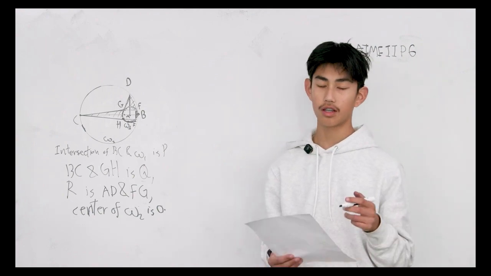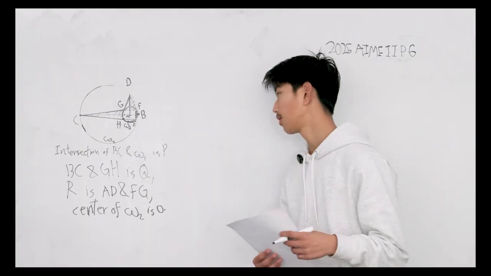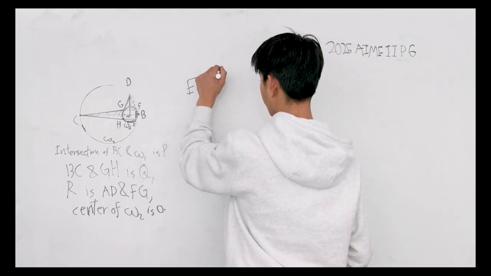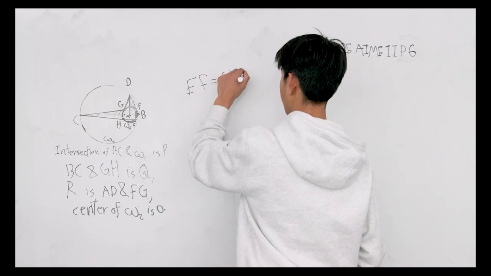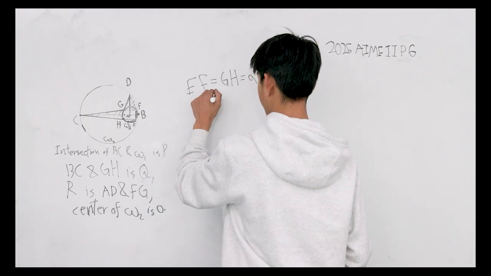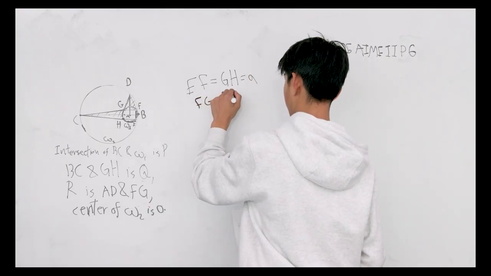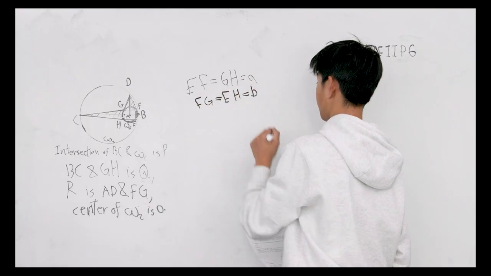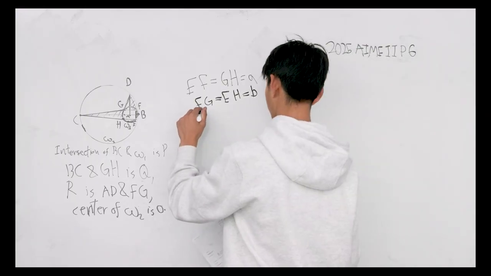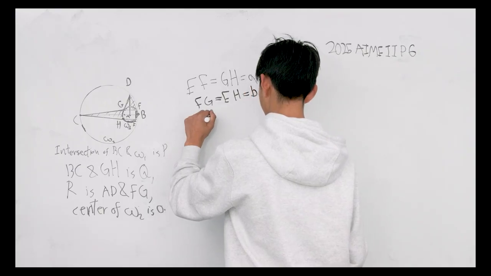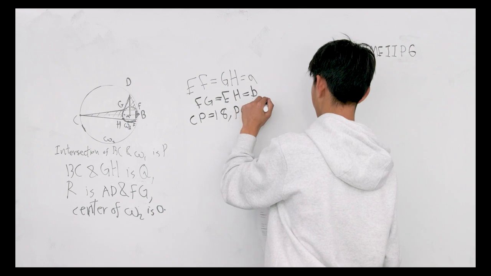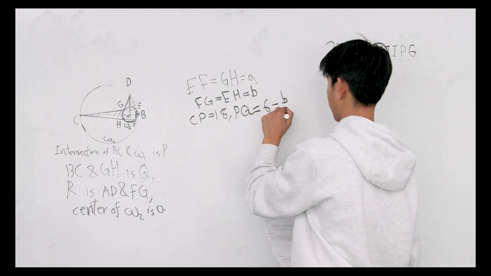The area of a rectangle is length times width. So we set EF, which is equal to GH, to be a, and let's set FG, which equals EH because it's a rectangle, to be b. Then we have that length CP is equal to 18, therefore PQ is equal to 6 minus b over 2.